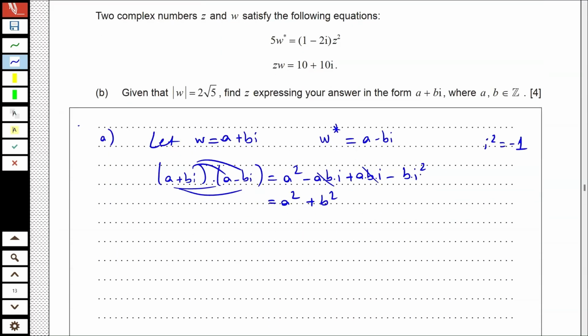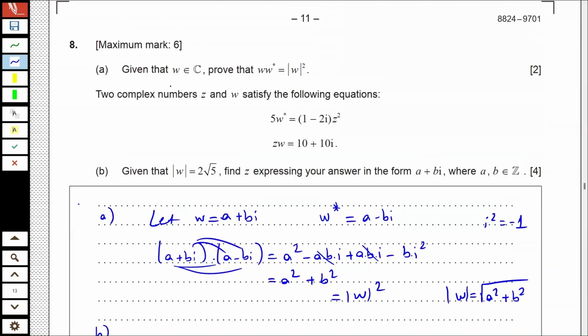And the magnitude of W is the square root of A squared plus B squared. So we prove that this is the square of the magnitude of W.